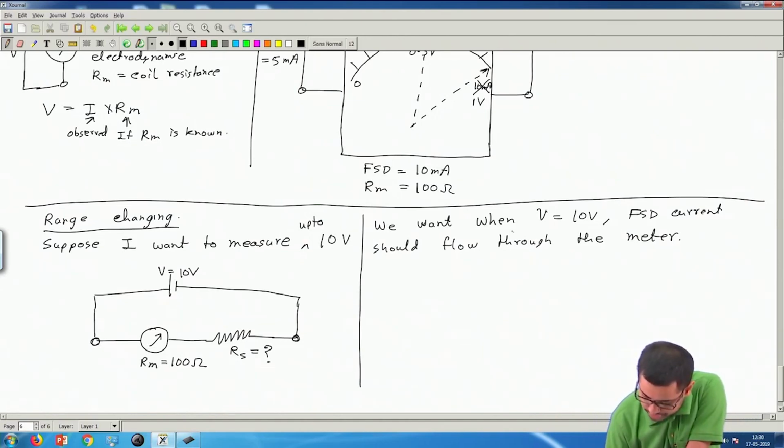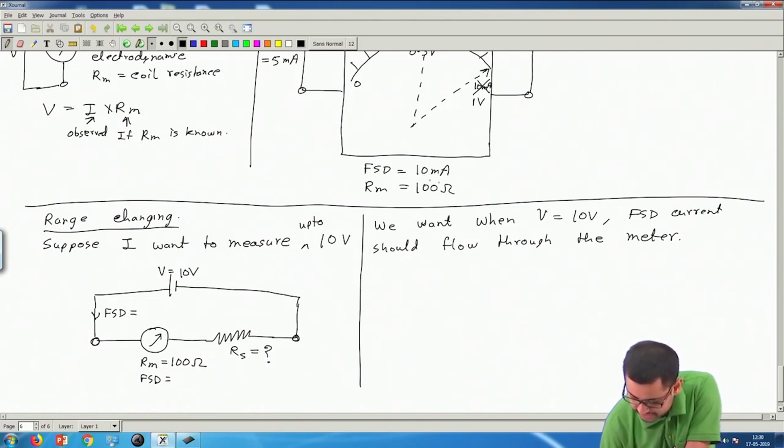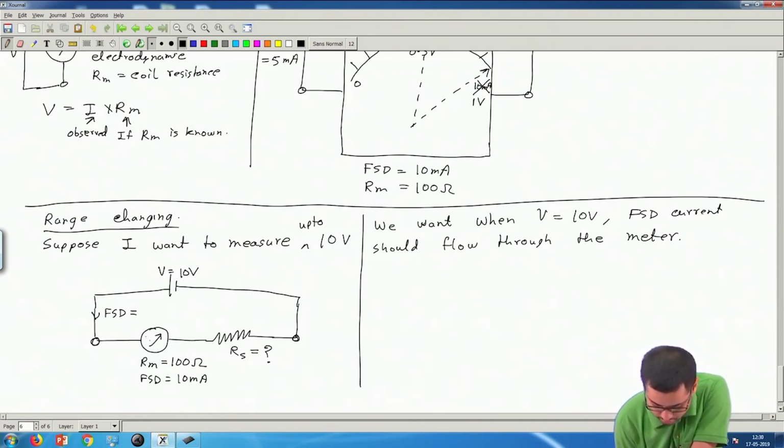Okay. So now we know voltage is 10 volt, and we want this current to be the FSD current, full scale deflection current, which for this meter, taking the previous example, is 10 milliampere.